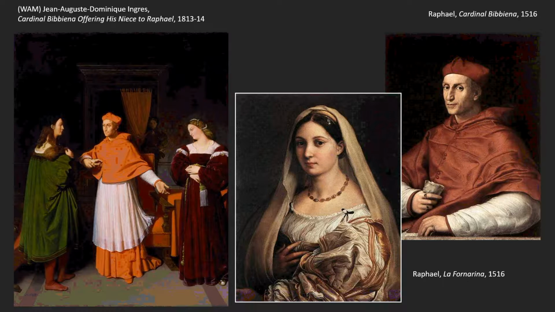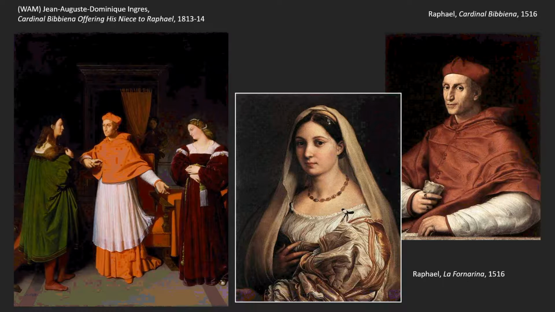The nickname is La Fornarina, the baker's daughter, but that's probably not who she is. And she's not the daughter of Bibbiena either, right? That's just this romantic fabrication of the life of Raphael.